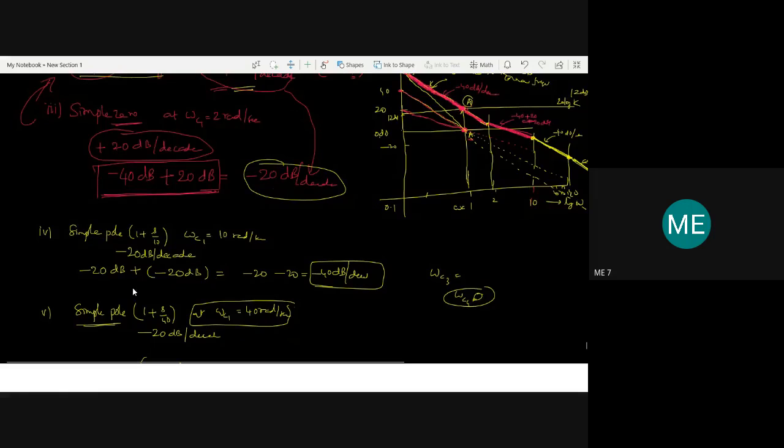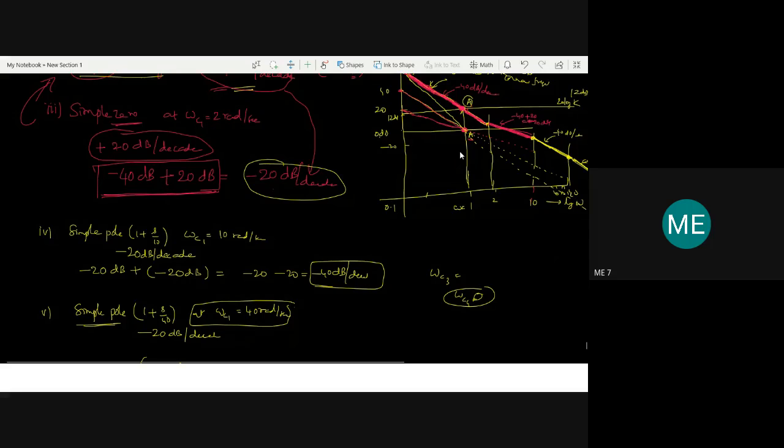Now at omega c equal to 40 radians per second, a simple pole comes into the picture with a slope contribution of minus 20 dB per decade. The previous resultant is minus 40 dB, plus minus 20, which gives minus 60 dB. So from omega c equal to 40, it has to give the minus 60 dB slope line.